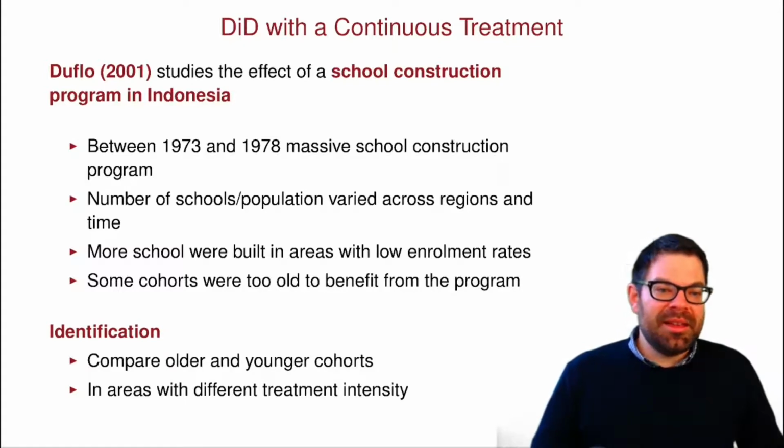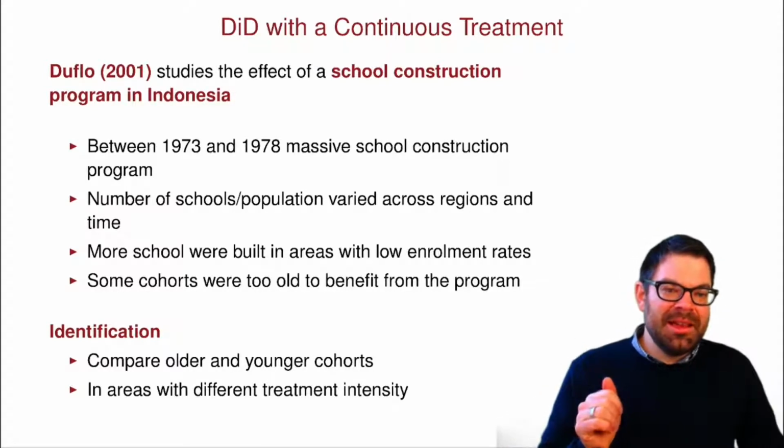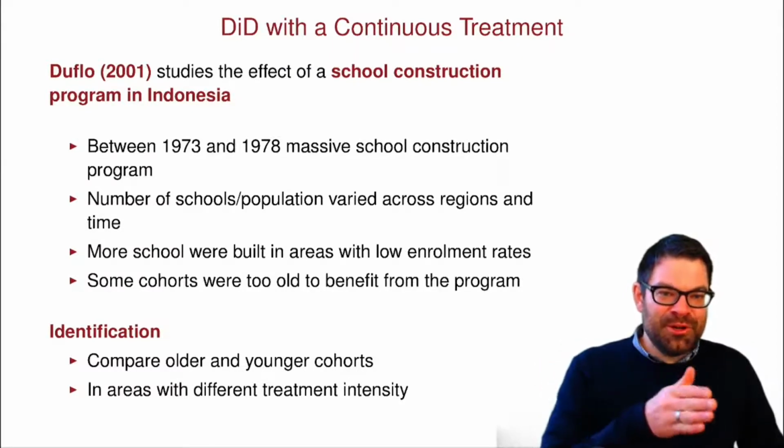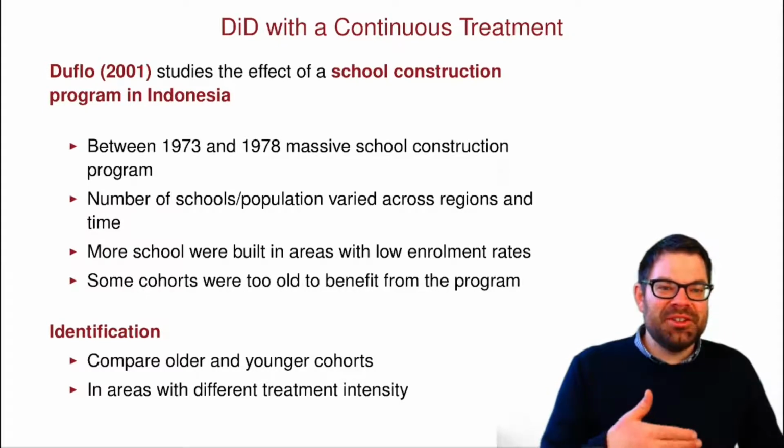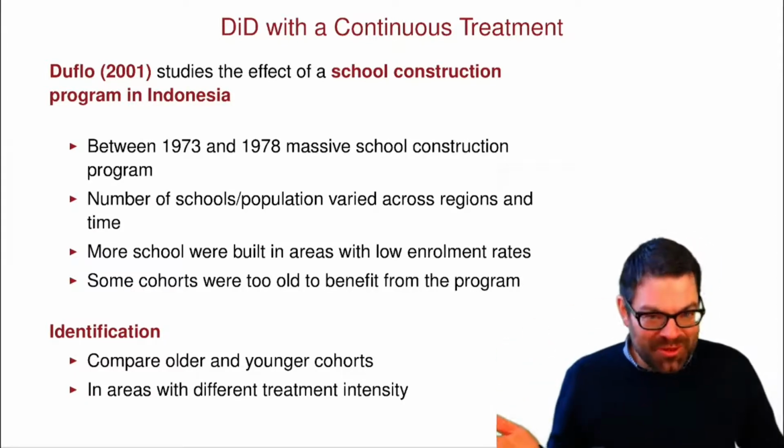And so here the time variation is not really years, but it's actually, she compares different cohorts in different regions. So it's basically she uses variation across regions and across cohorts.